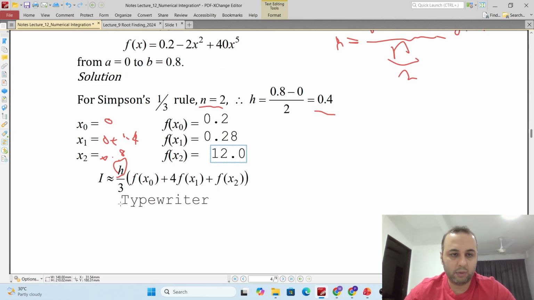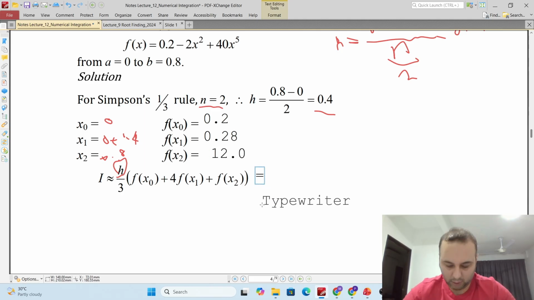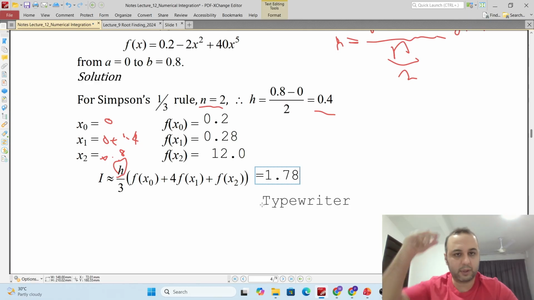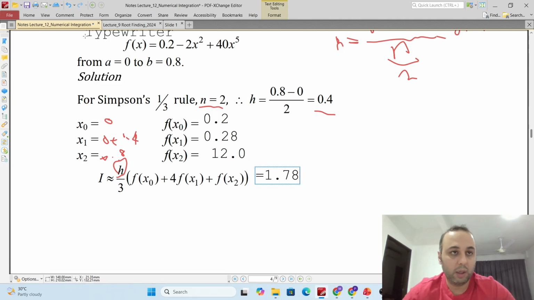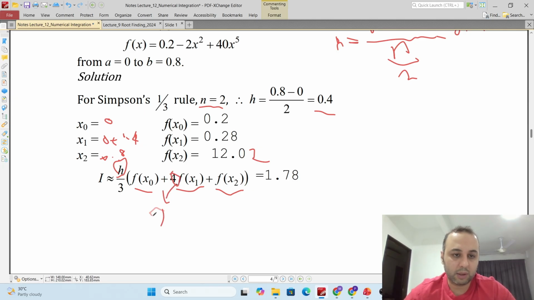Okay, so only substitution in here and we will have 1.78 after substitution. Only substitute each value. You have fx0 here, 0.2, 0.828, and 12.02. Okay, as you can see, only the mid one has 4. Okay, so what is this? This is 1 over 3. Simpson's 1 over 3.